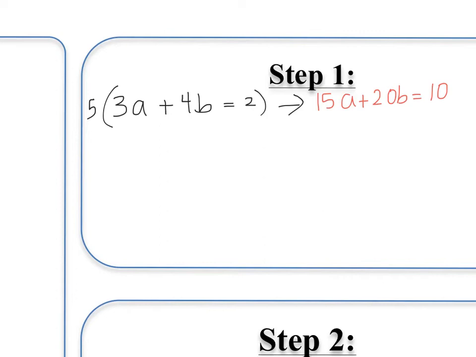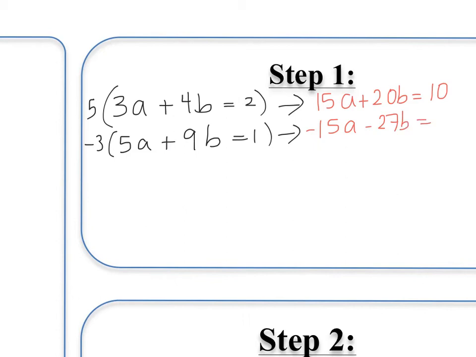And let's multiply the bottom equation by negative 3. So you see the negative. So I will have two variables with opposite coefficients that will cancel out. So negative 3 times 5 is negative 15a minus 27b equals negative 3.